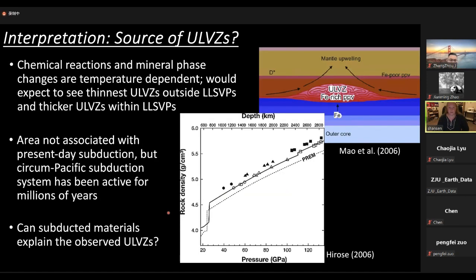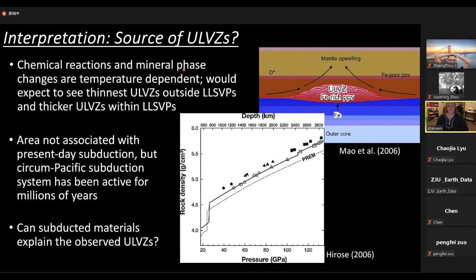We also talked about potential compositional sources for ULVZs associated with iron enrichment, again, either from chemical reactions between the silicate mantle and the iron core, or associated with mineralogical phase changes. But these types of reactions are not only pressure dependent, but they're also temperature dependent.